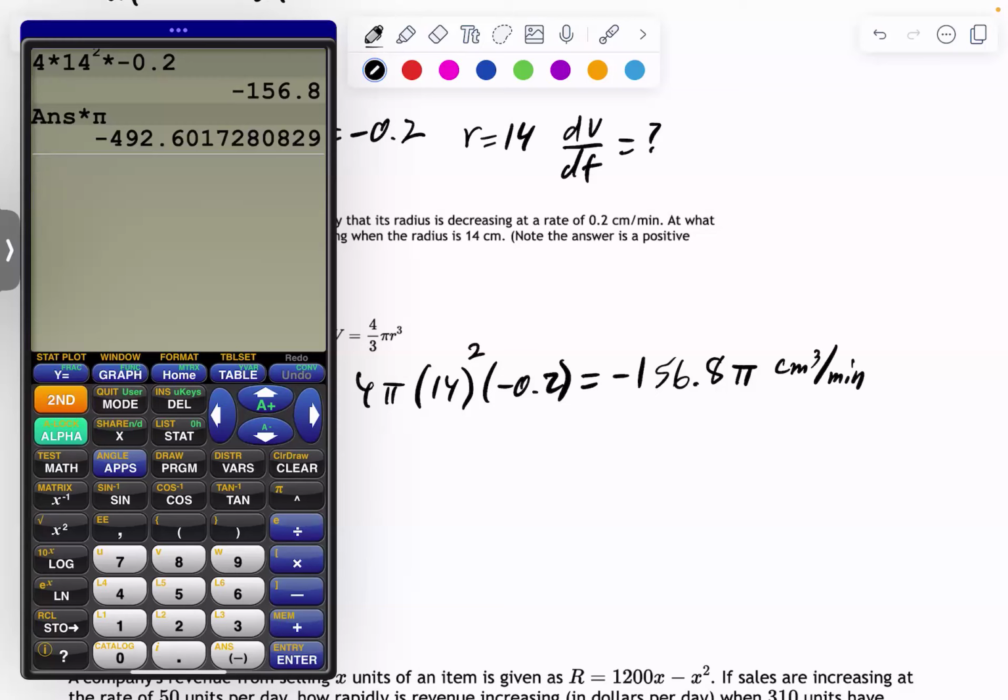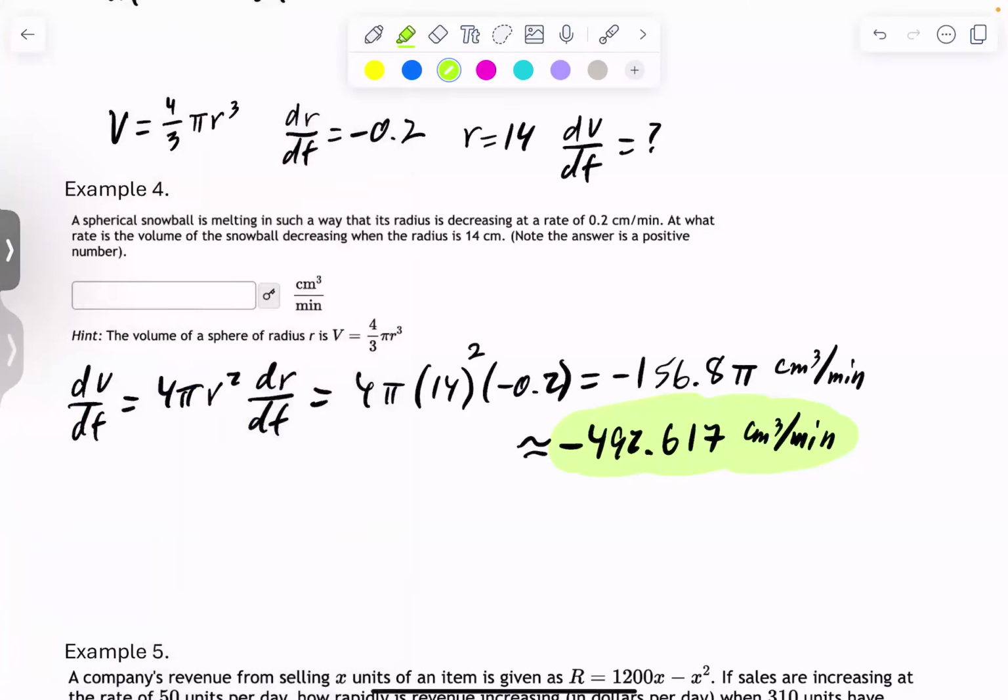So I'm getting that this is about negative 492.617 cubic centimeters per minute. Not too bad, not too difficult.